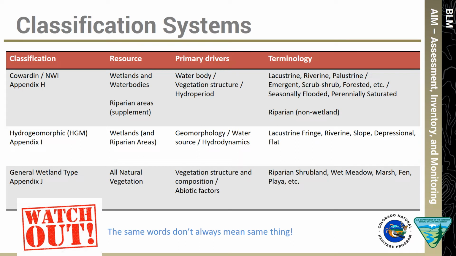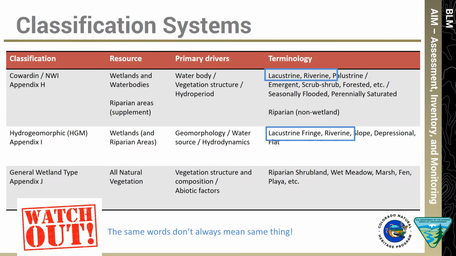But watch out. The same words don't always mean the same thing in these classifications, which I will explain as we go along. You will notice that the words lacustrine and riverine show up in both the Cowardin and the HGM classifications.